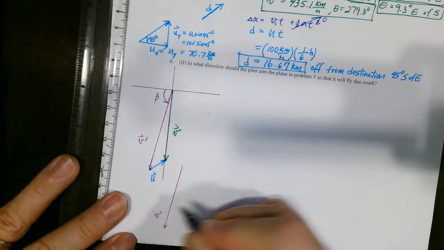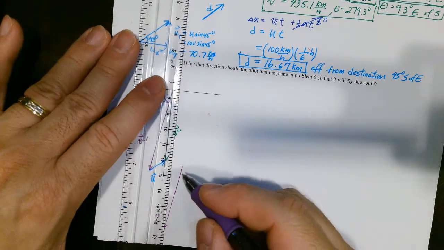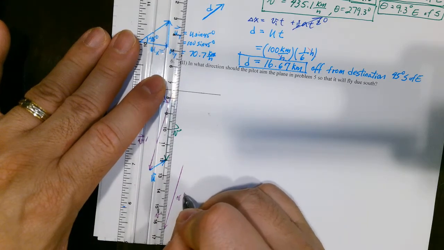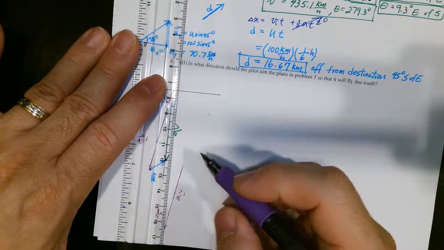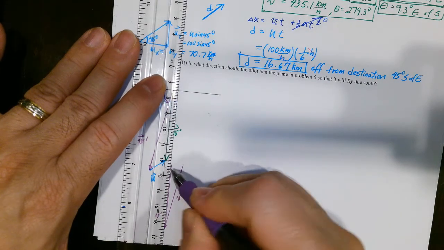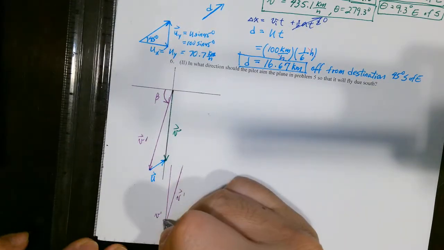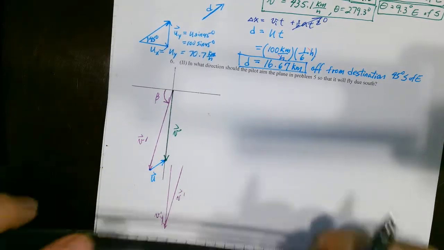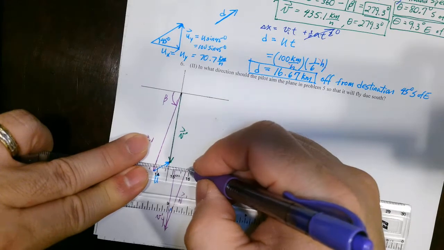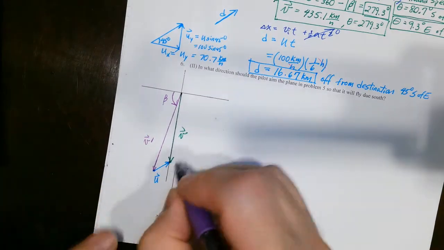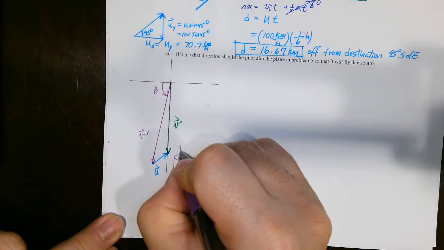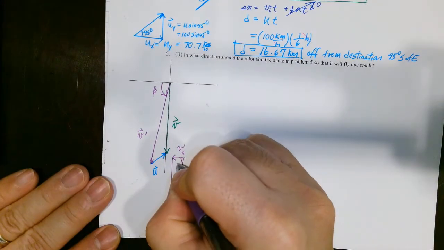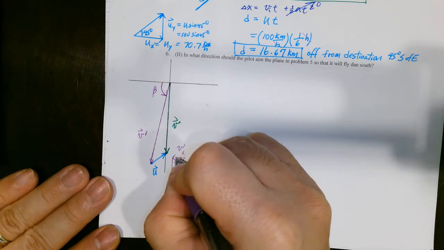Here's my V prime Y, and here's my V prime X. This angle right here is my beta, and this is the right angle, obviously.